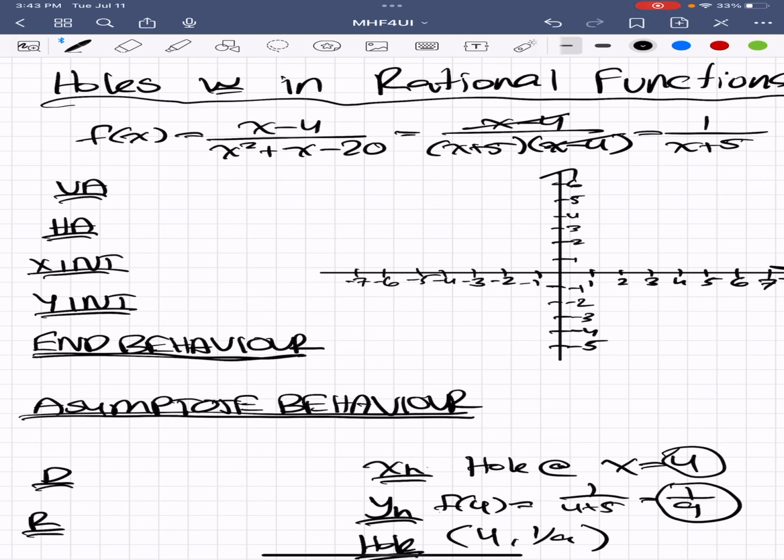So as you can see here, the factor that was common, we solved for x, and the x value would be 4. And then we did f of 4, so the value of x equals 4, to find the y value of the hole. And then we have the hole right here.